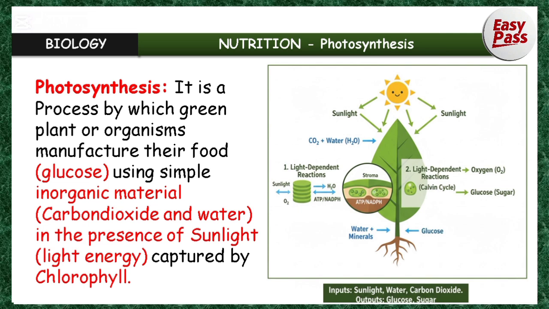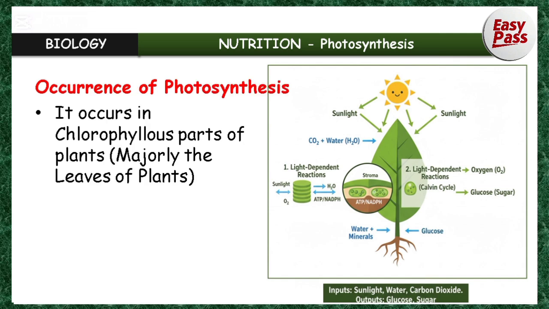Now, having known the definition of photosynthesis, where does this occur? Now, occurrence of photosynthesis. Photosynthesis occurs in chlorophyllous parts of plants. So we'll talk about the chlorophyllous parts of plants.